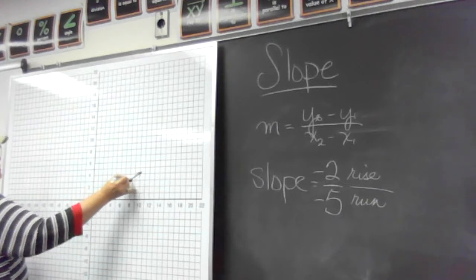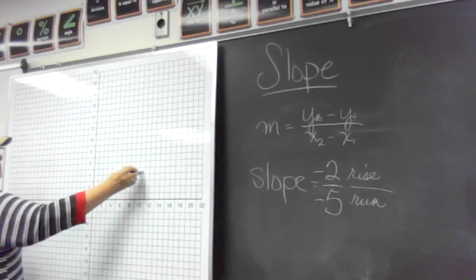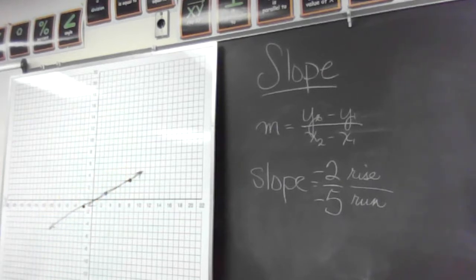And if I put a straight ruler, these would all be on the same line. So why did they do that? I wonder why they went backwards with the negatives.